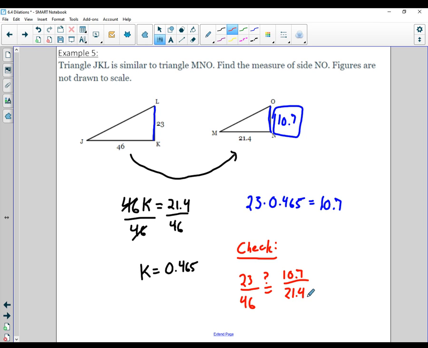Are they proportional? Well, let's do that. 23 divided by 46 is 0.5.